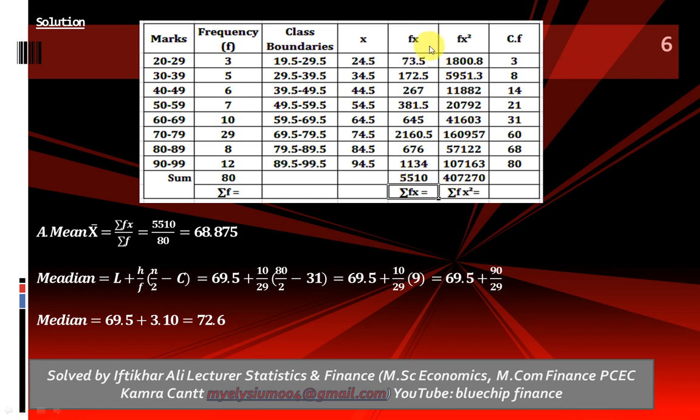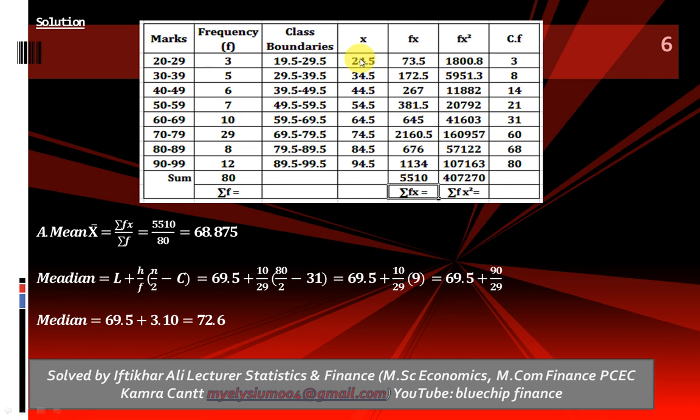One is fx and one is fx square. So fx is simply the product of f and x. So 24.5 multiplied by 3 is 73.5, 34.5 multiplied by 5 equals 172.5, and fx square is equal to fx multiplied by x.